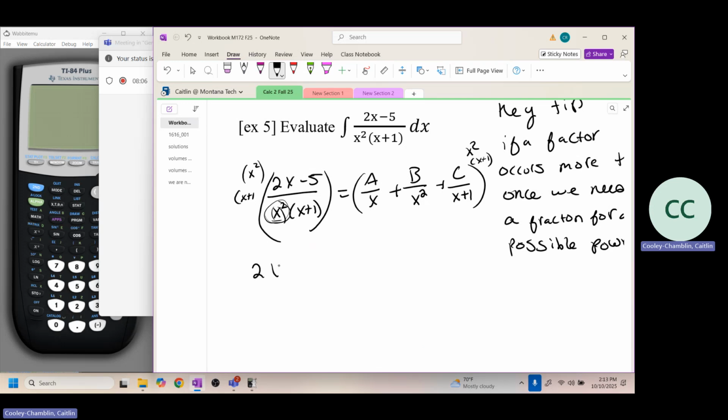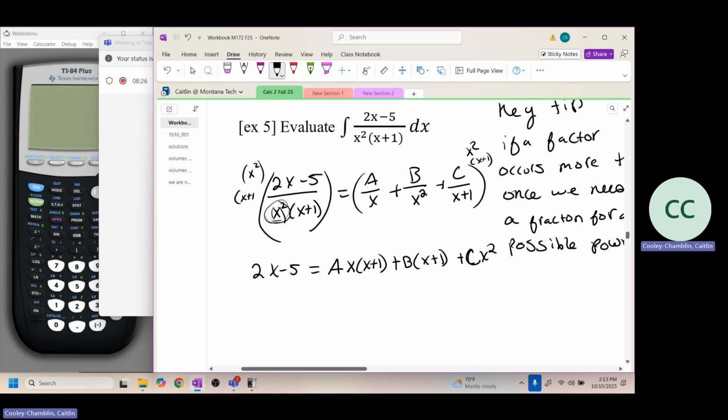So I get 2x minus 5 equals a times x plus 1 plus b times x plus 1 plus c times x squared.